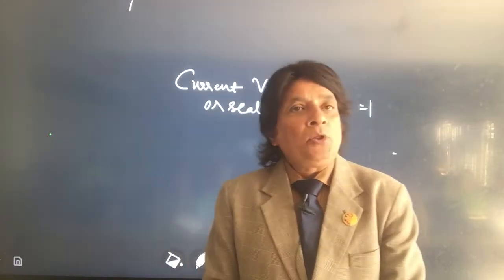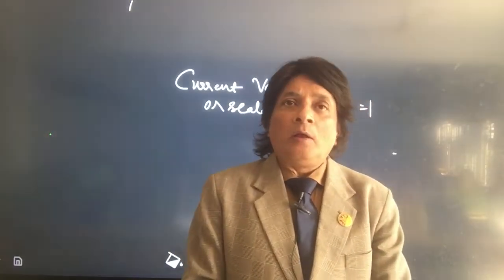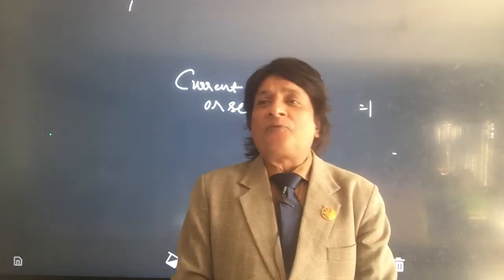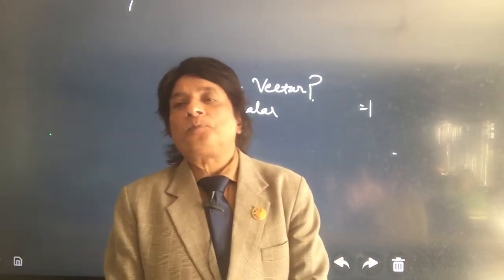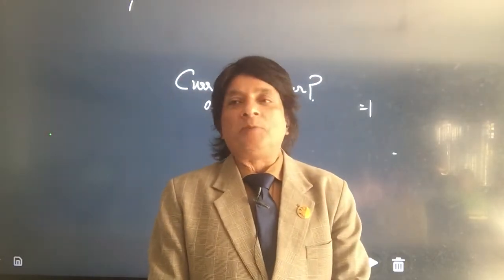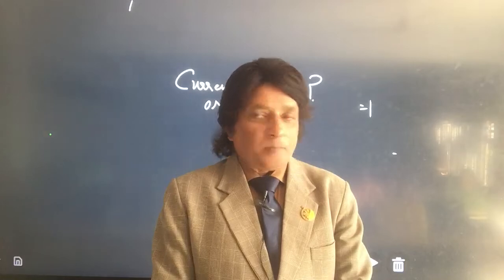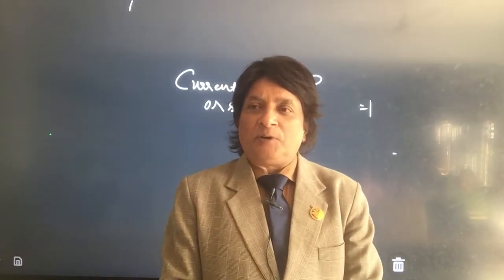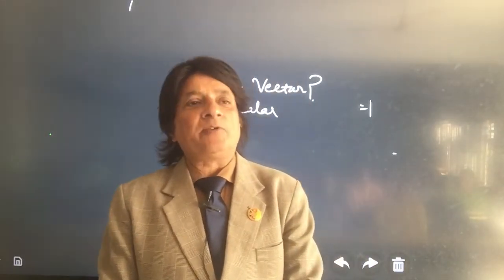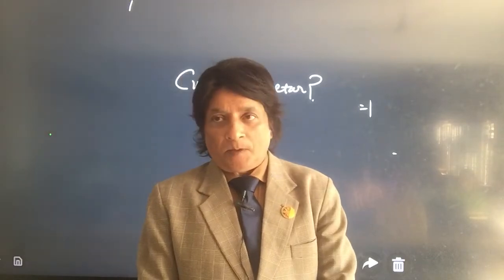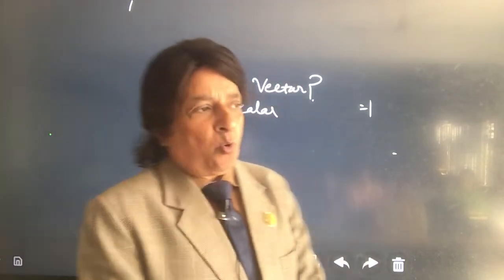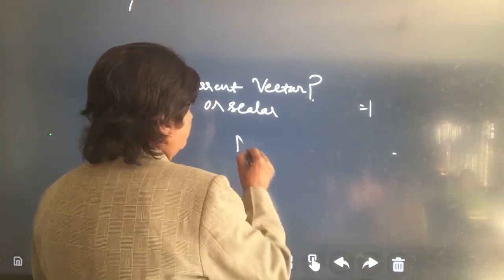If electrons are flowing from A to B, the current is flowing from B to A. If electrons are flowing from B to A, the current is flowing from A to B. It means it has no obvious direction.